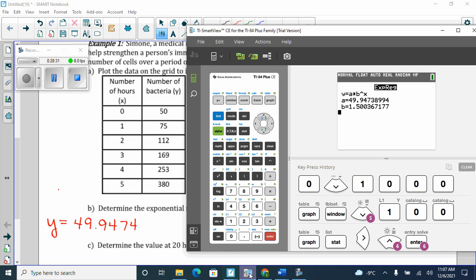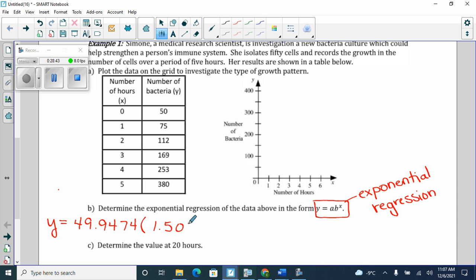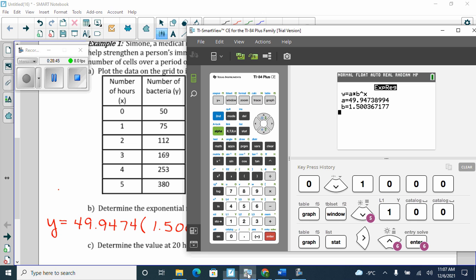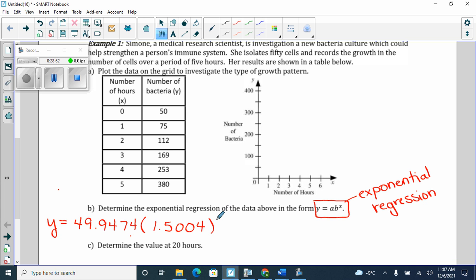And then it says times, so I put brackets, B, which is 1.5003, or 1.5004. And then it tells me to the exponent x. Do you see how it shows this to the exponent x? That's what that means. So there's my equation. Did I round it? Yep. More accurate to keep all of them? Sure. Usually they'll tell you to round to the nearest like 3 decimal places or something if they're making grade out.